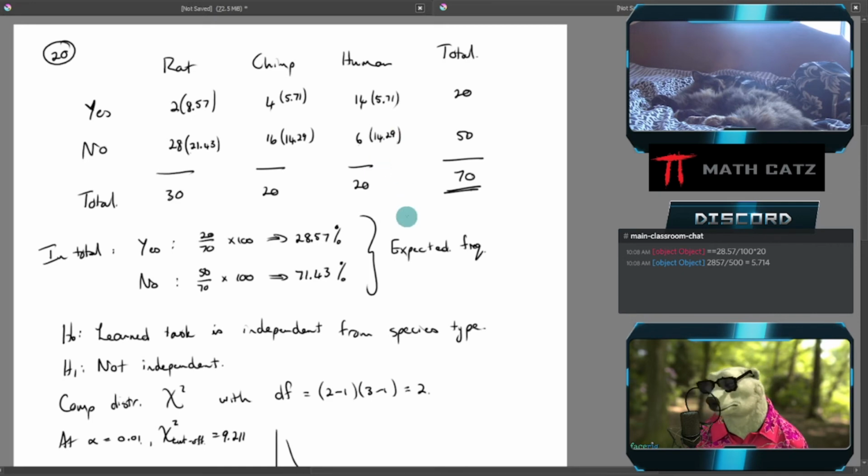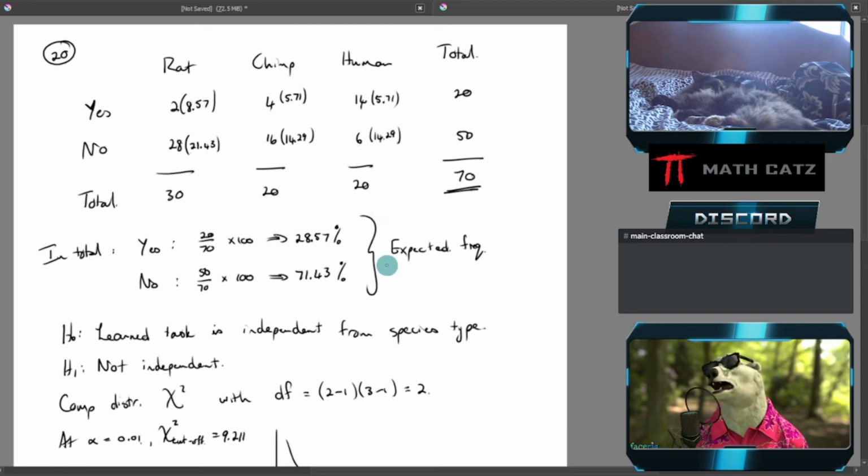That's nice. Okay, so what have we done here? We can now compare the observed scores, and we have 6 of them, to the expected scores under the null hypothesis. If the learned task ability and the species column don't actually affect each other or are not connected in some way, then this is what I would expect.